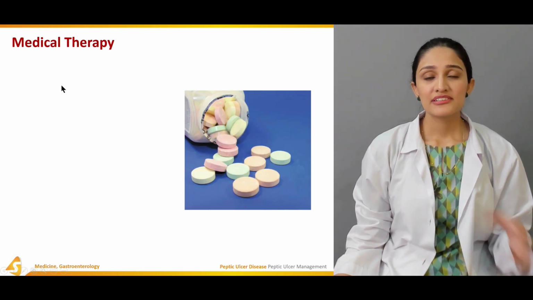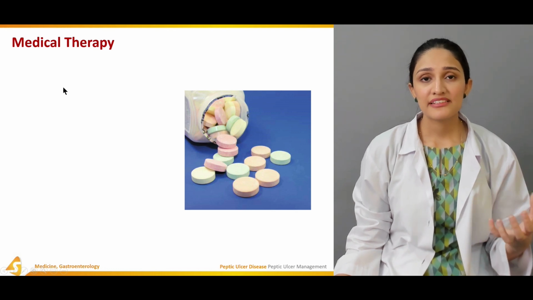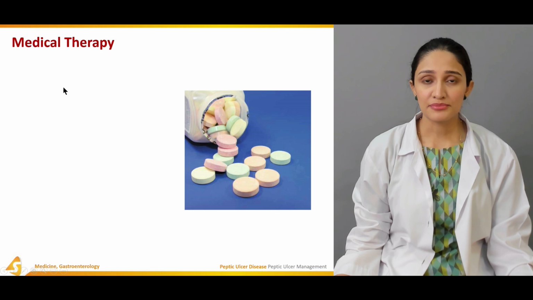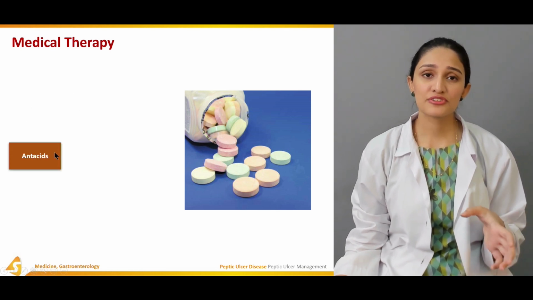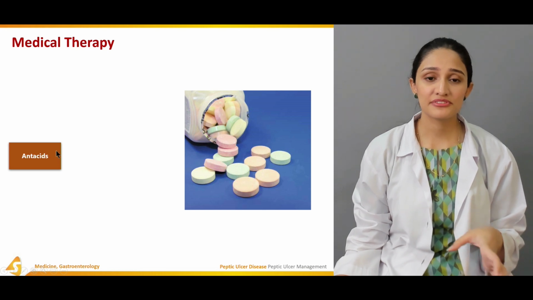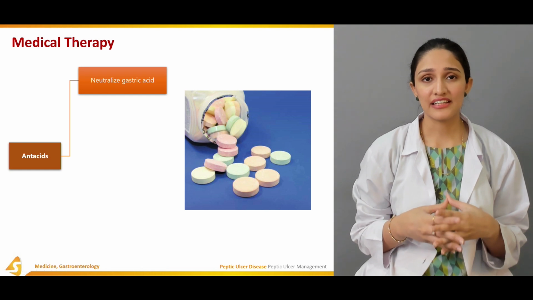So if we talk about the medical therapy, what are the pills and the different types of medicines that we can provide the patient with? Firstly, there's a group of antacids that can be given to these patients. These antacids usually neutralize the gastric acid.